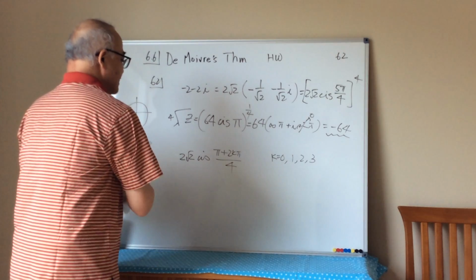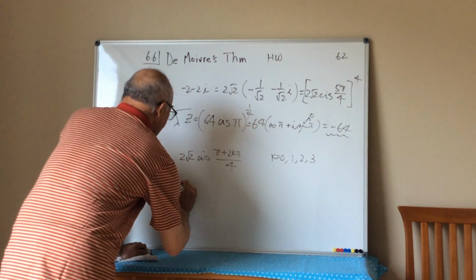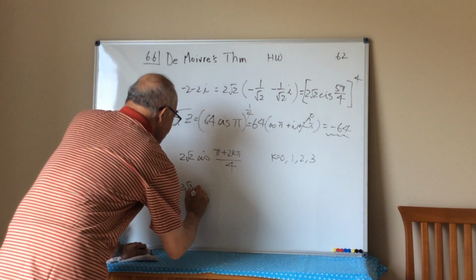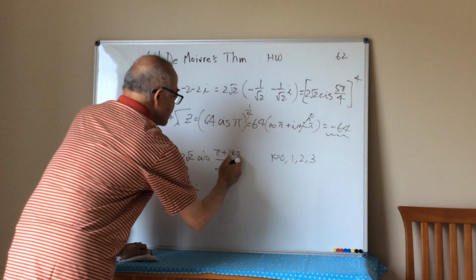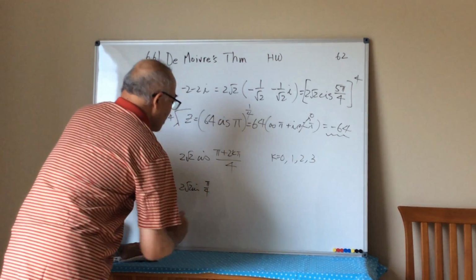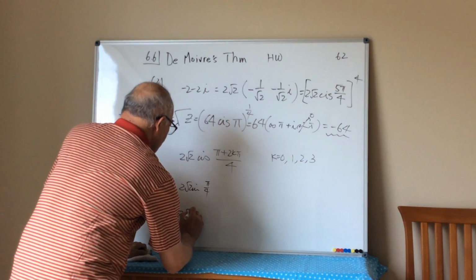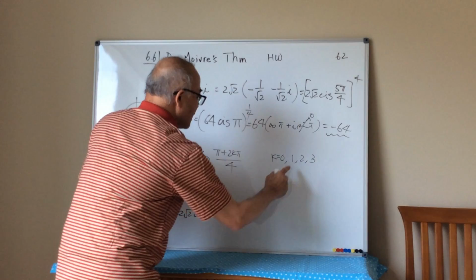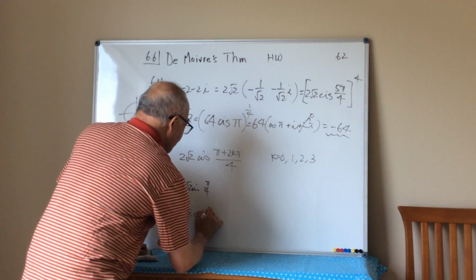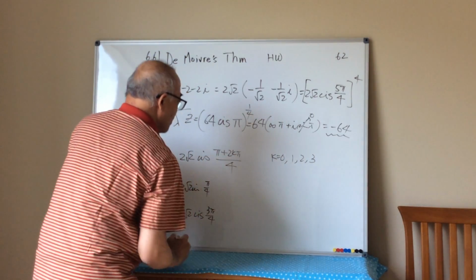Right. So when k is 0, what do I get? I get 2 root 2 cis, this is 0, so I get pi over 4. And then I get 2 root 2 cis when k is equal to 1, I get 3 pi over 4.